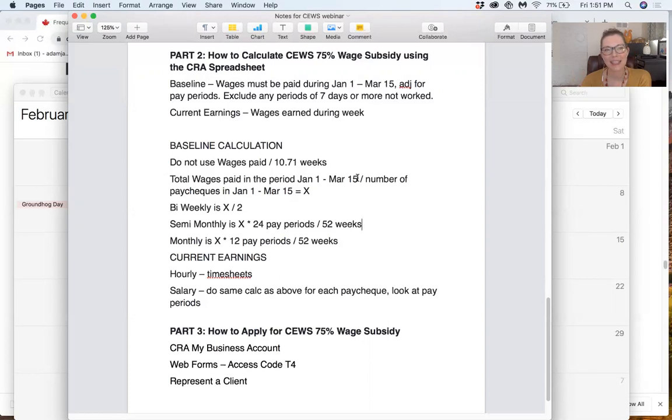And it's important. This might seem really fussy, and it is because we're accountants and we want to do things right. But it is necessary because it will directly affect the amount of wage subsidy that you can actually claim. And I think everybody wants to get every dollar that they are entitled to. So you want it to represent what is truly a week, not a week plus an extra portion of a day.